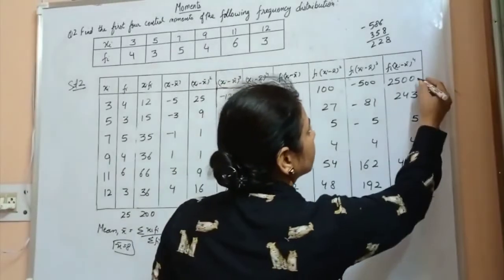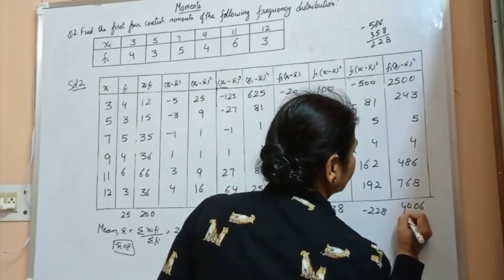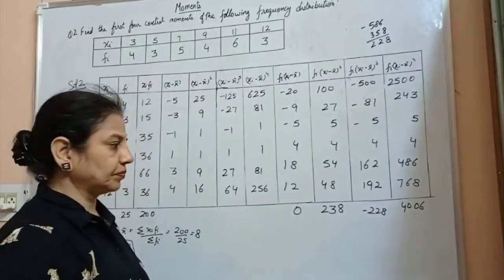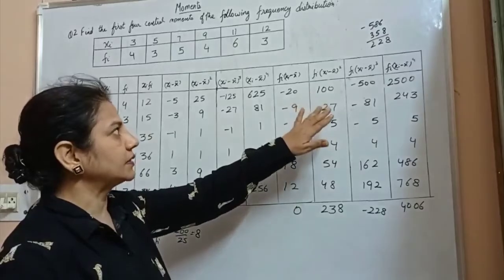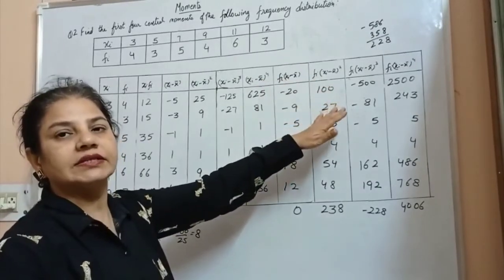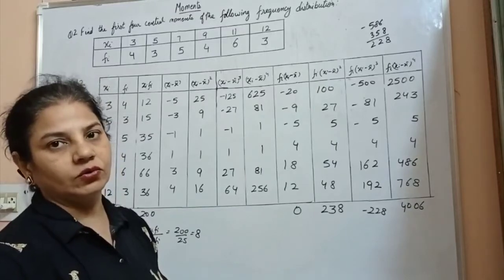Add all this and it gives 4006. Now we have already calculated fi xi minus x bar, fi xi minus x bar whole square, fi xi minus x bar whole cube, and fi xi minus x bar whole to the power 4.